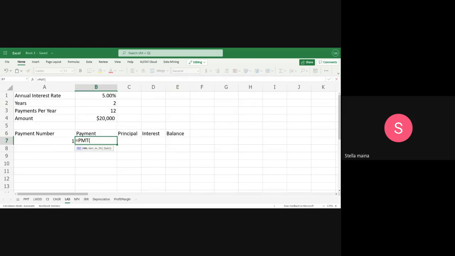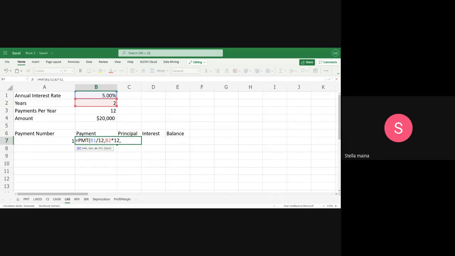Okay, so we're going to start with our annual interest rate, which is at B1, divided by 12. The years now, that is our B2 multiplied by 12, and the amount, so that is 20,000.